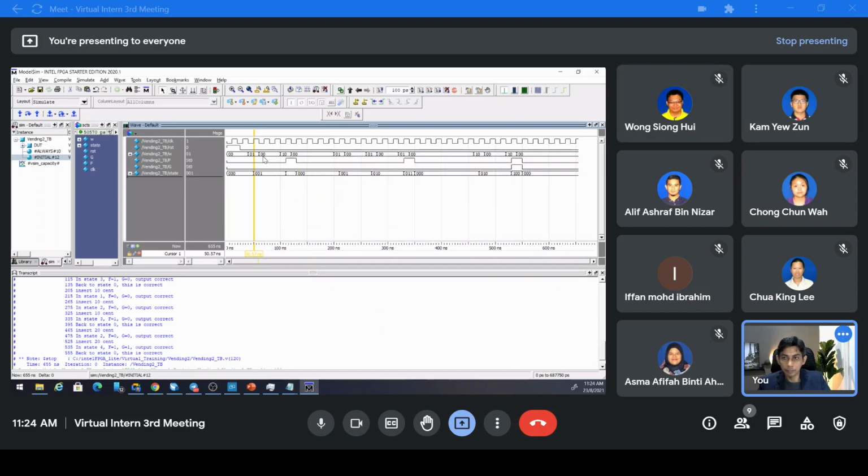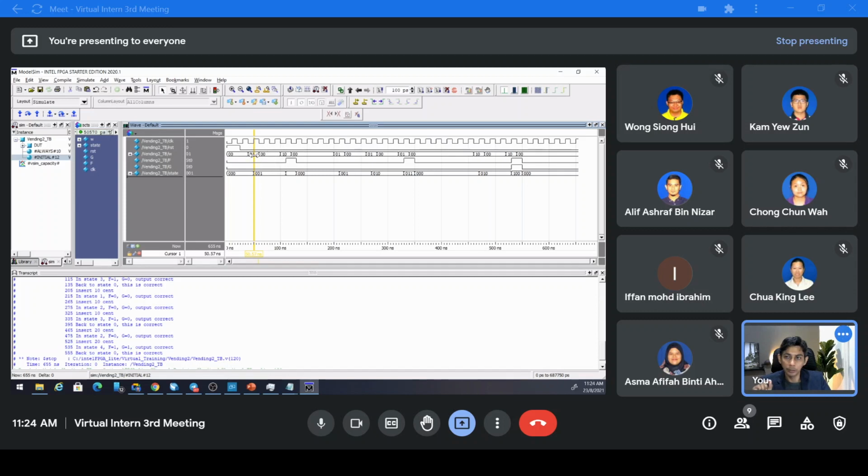In this case, W will only be active for 1 clock cycle, yeah, because it depends on the sensor. So we need to understand this also, where after we insert, it will go back to 0, right, because it will not stay high for a long time, and waits for another input.